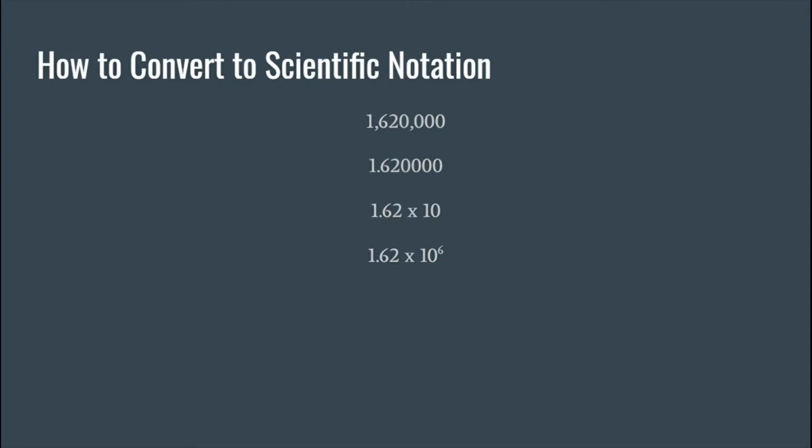Okay, so let's try another example. Again, first step, place a decimal so that it creates a number that's between 1 and 10. If I put the decimal between the 2's here, I get a number between 1 and 10. Then we're going to add on that times 10. Now we need to figure out what the exponent will be.